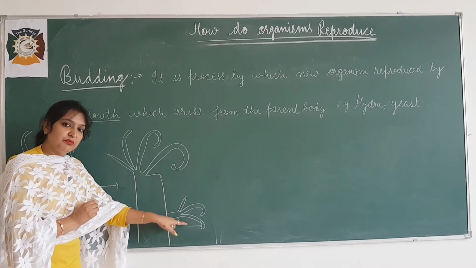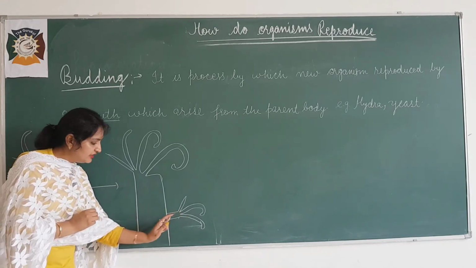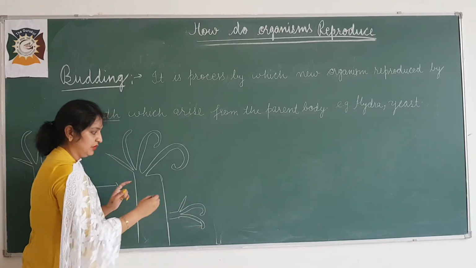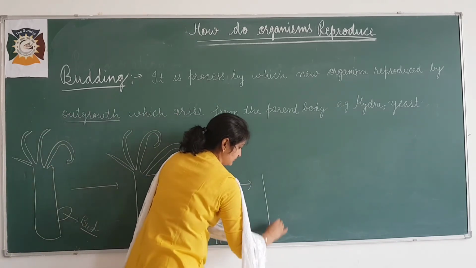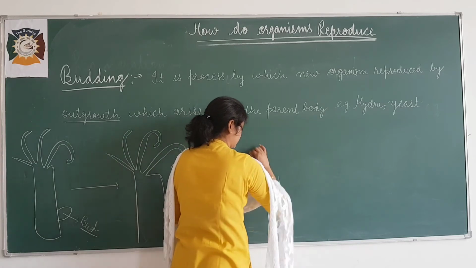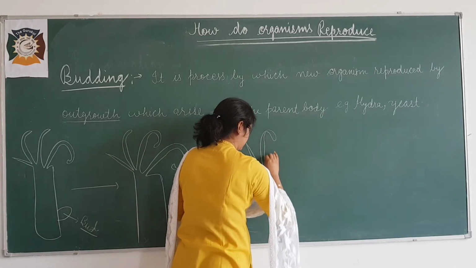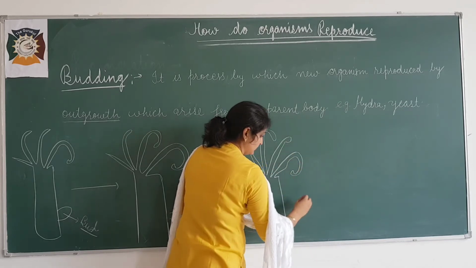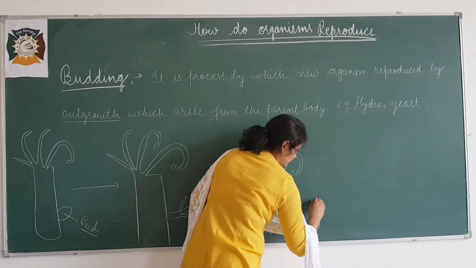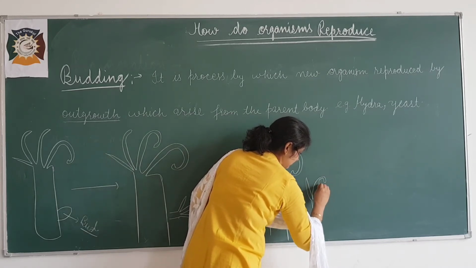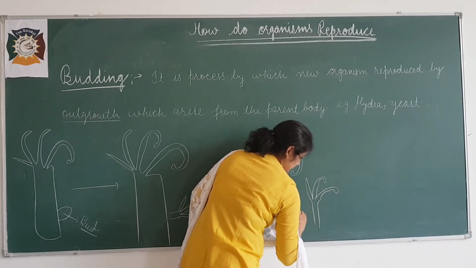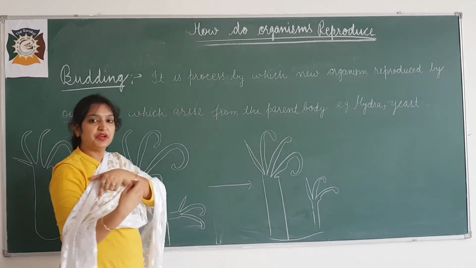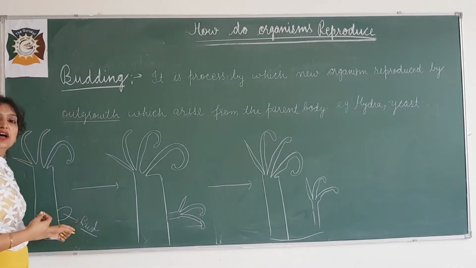When it becomes mature, ये मैच्योर हो जाएगी, then it separates from the parent and forms a new individual. And next step, then it separates and forms a new individual. In this way, Hydra grows with the help of bud.